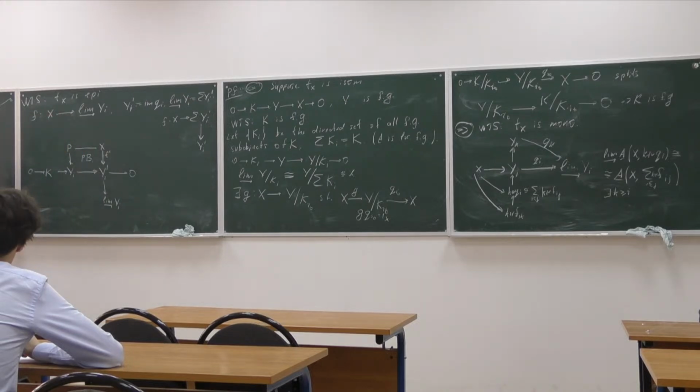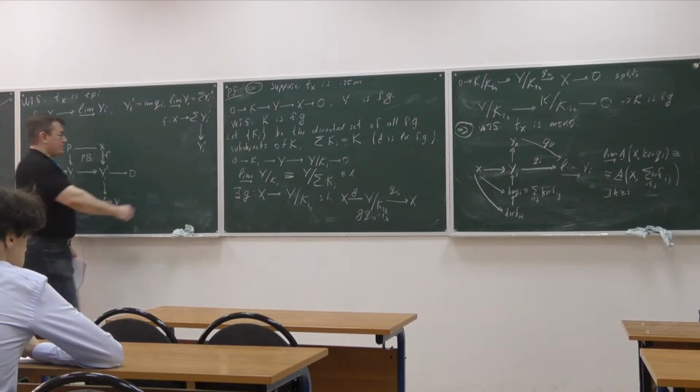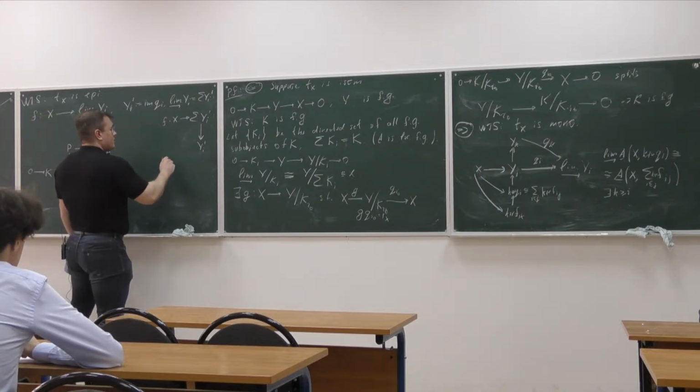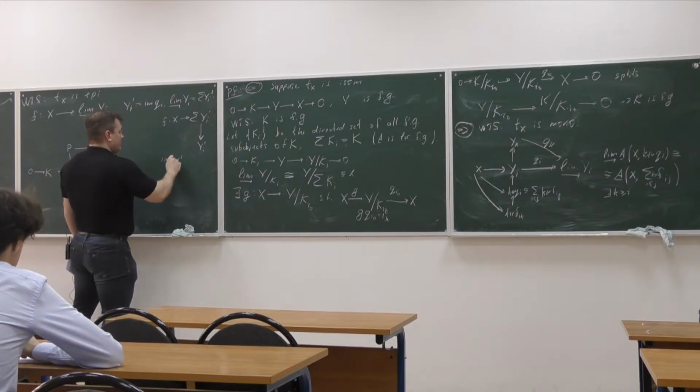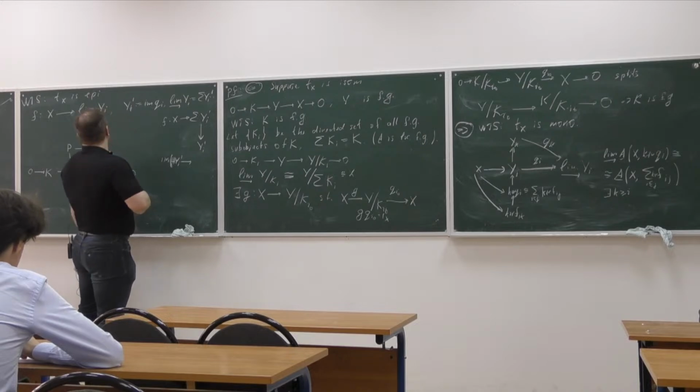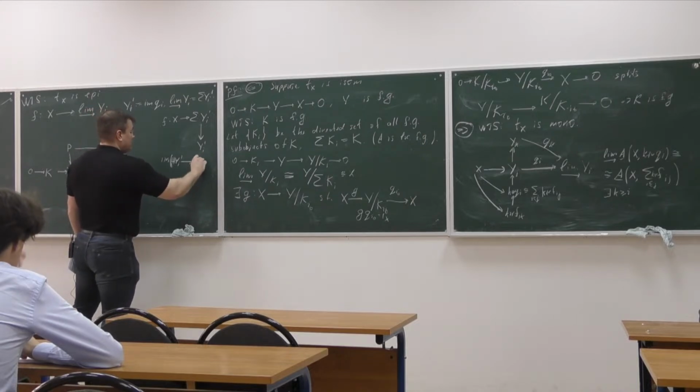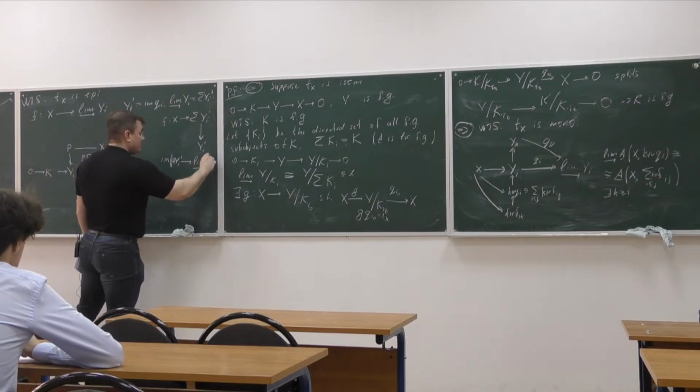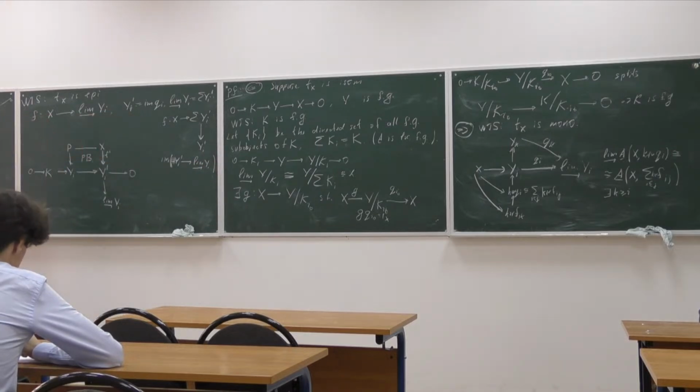But what is this map? You take the image of the x, of the yi prime. You take the coproduct and map this to the limit, since we don't fix any other notation. But that's just this sum, so this will be this sum.